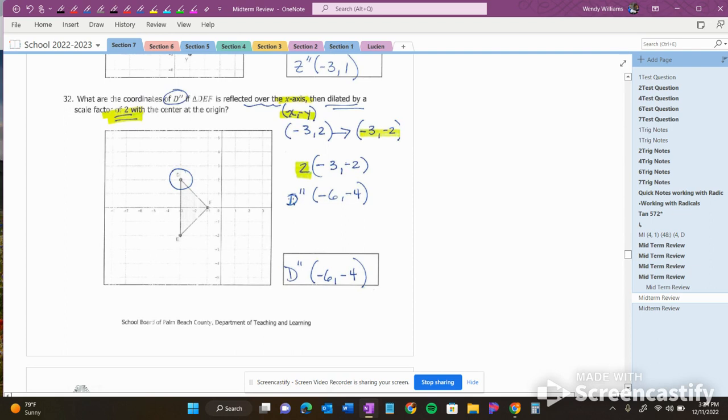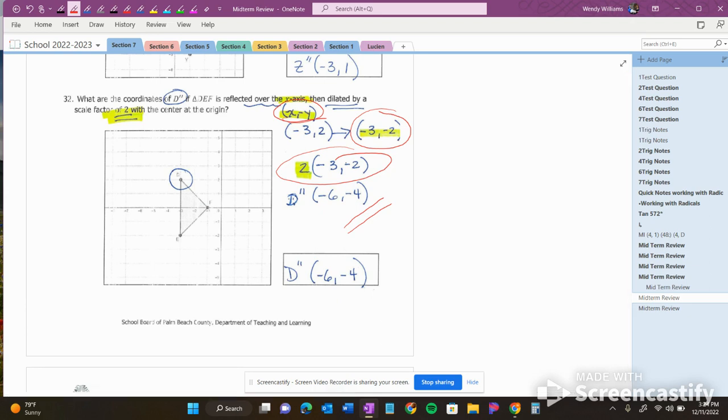What are the coordinates of D? Again, one letter. Concentrate on one letter. A reflection over the x, across the x, change the y, then multiply by a scale factor, multiply by 2, and we end up with -6, -4.